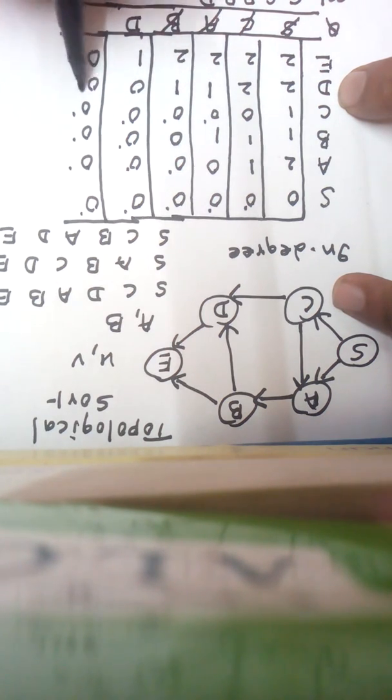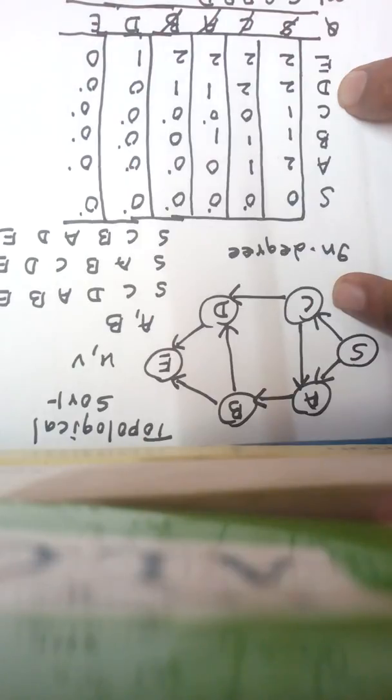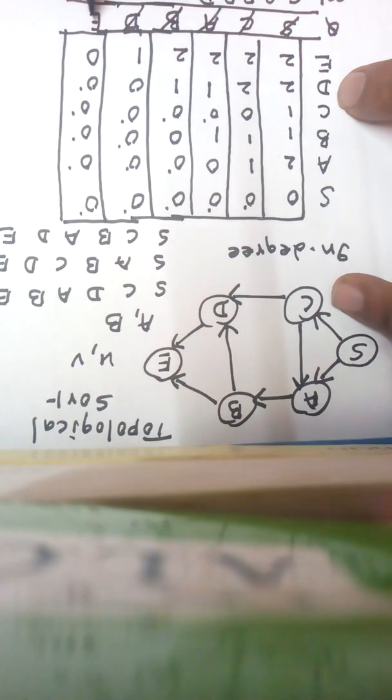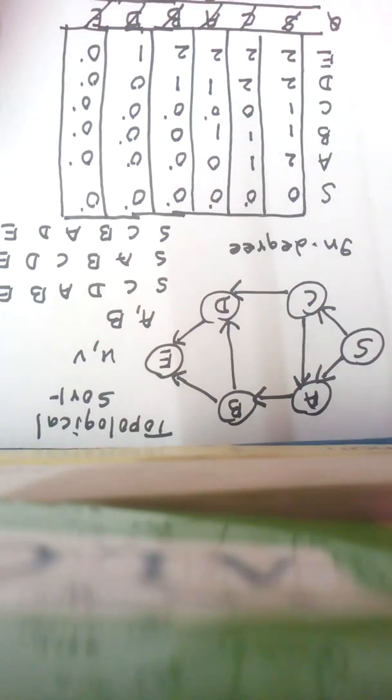The new vertex here with in degree 0 is E. So now this new vertex is DQ'd. No more vertices will be available with in degree 0. So look at this, S, C, A, B, D, E, a valid one.